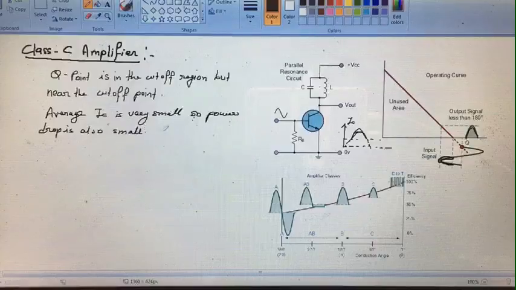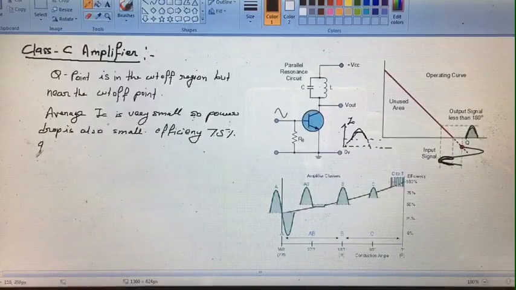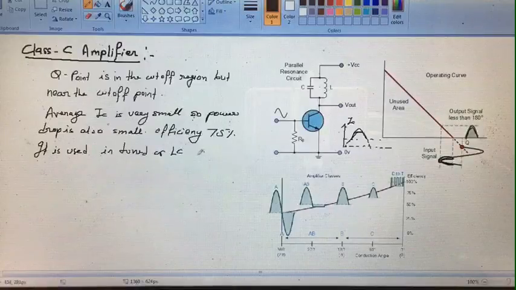So the efficiency of class C amplifier is nearly 75%, and it is used in tuned or LC circuit, which is also known as tank circuit, in radio and television transmitters.